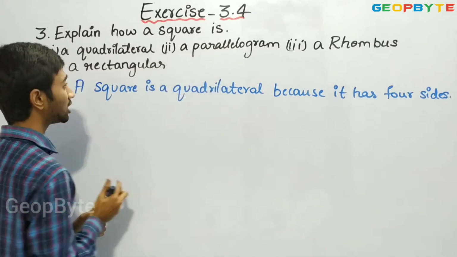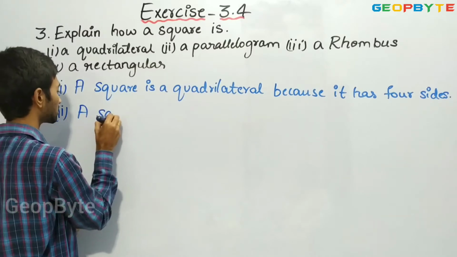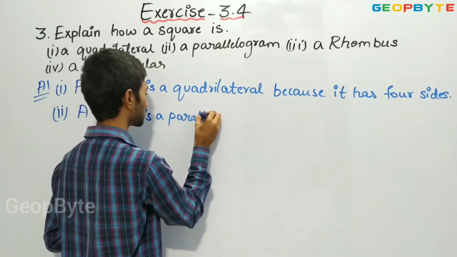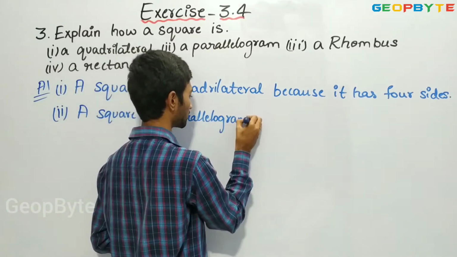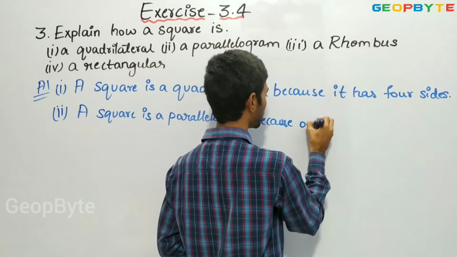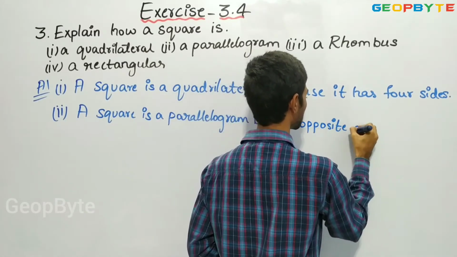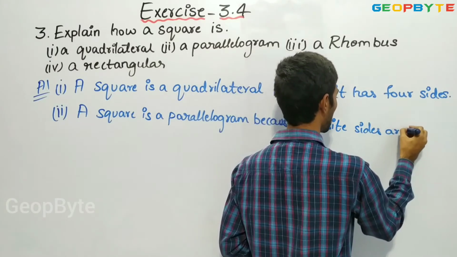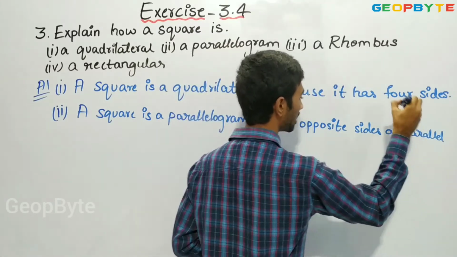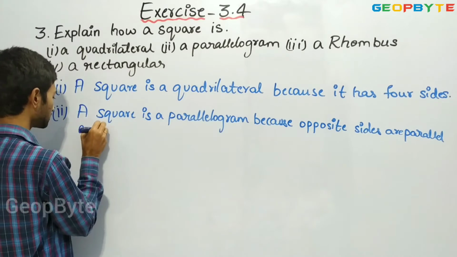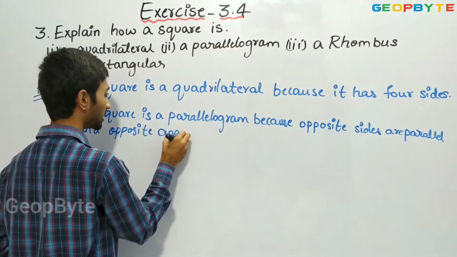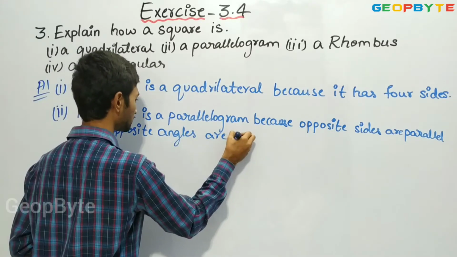It is given a parallelogram. So a square is a parallelogram because opposite sides are parallel and opposite angles are equal.